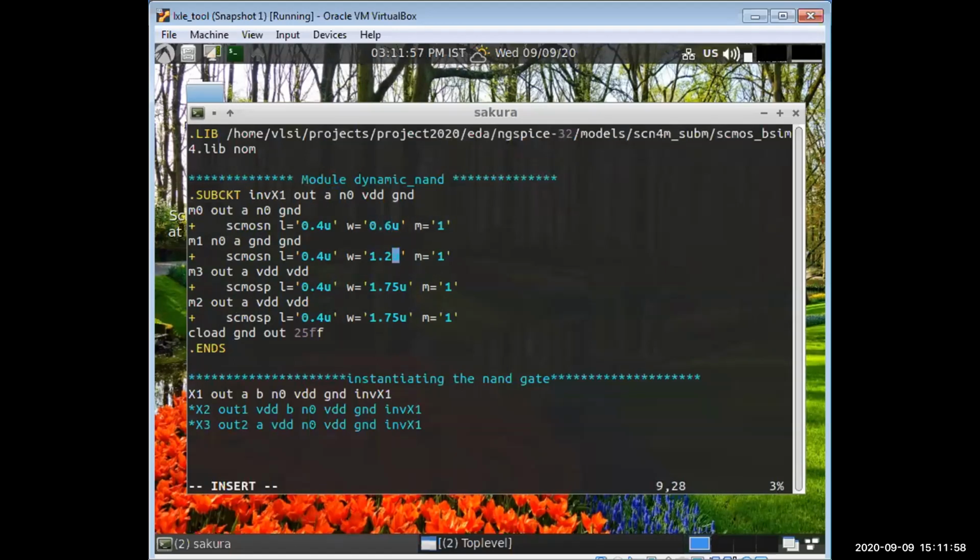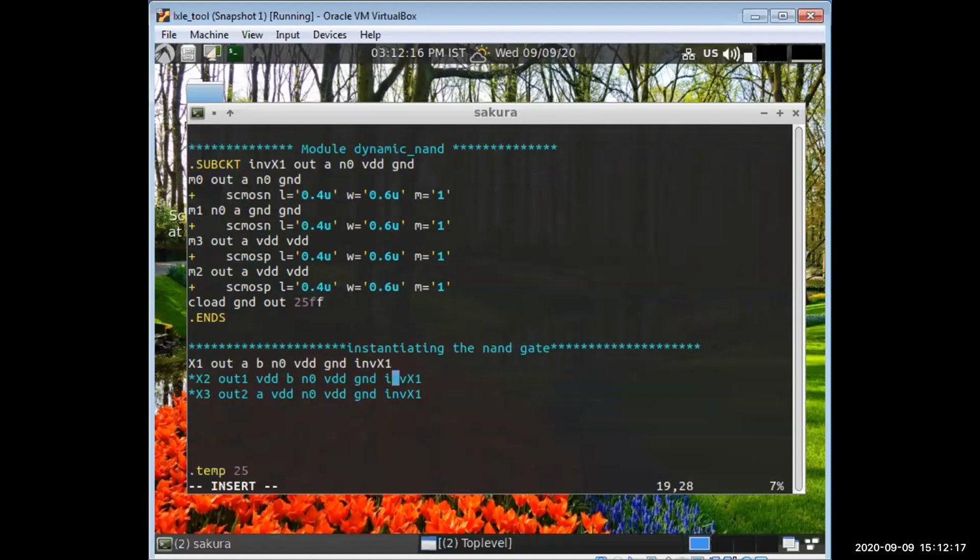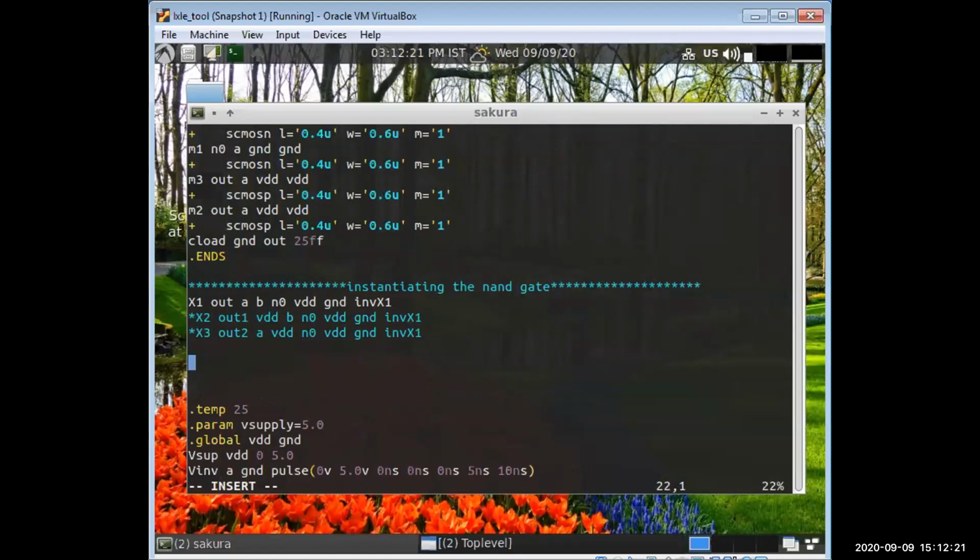You will be doing it for 2N. 0.6, 0.6. Okay, everything same. Then capacitance C load, ground and out, connected to out. Then this is 25 femtofarad, and we end the sub-circuit.